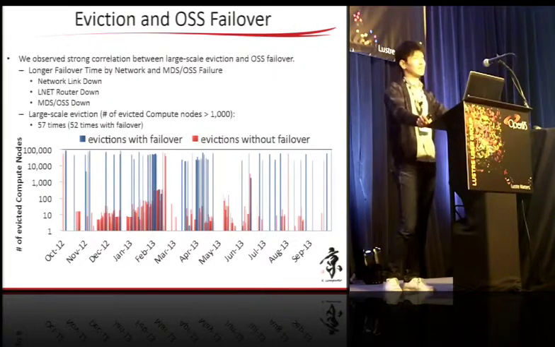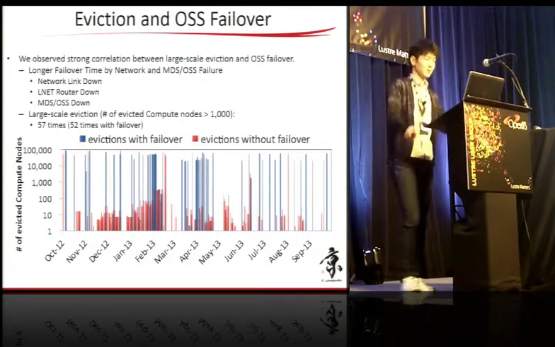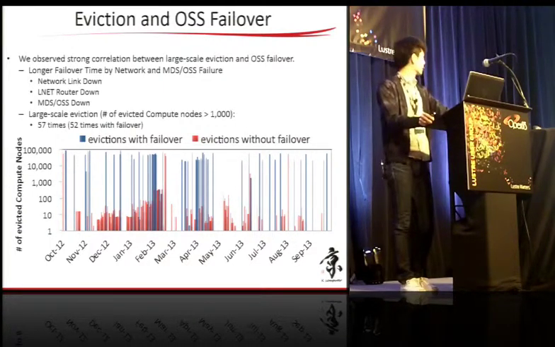This graph is the same graph as previous slide. We observed strong correlation between large-scale eviction and OSS failover. Blue bar is evictions with failover. Large-scale eviction occurs 57 times, and 52 times is evictions with failover.